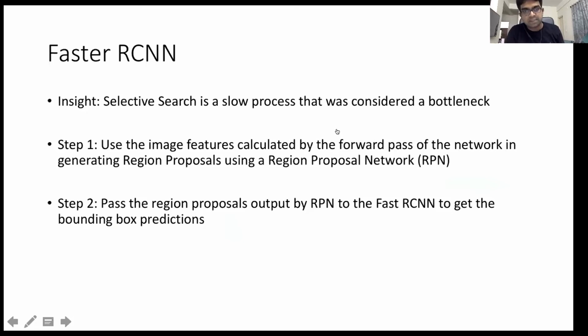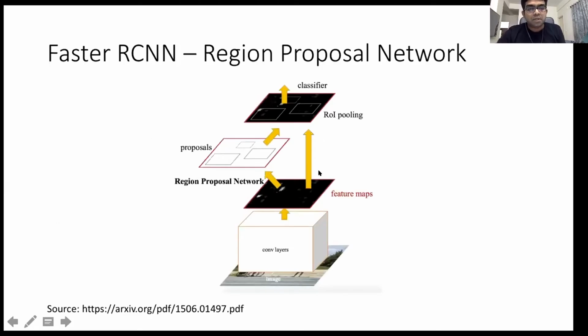Once you get the regions out of this region proposal network, you give that to Fast RCNN to get your bounding box predictions. So how does a region proposal network look? Given an input image, you pass it through convolution layers. It can be your VGG, it can be a ResNet, whatever.